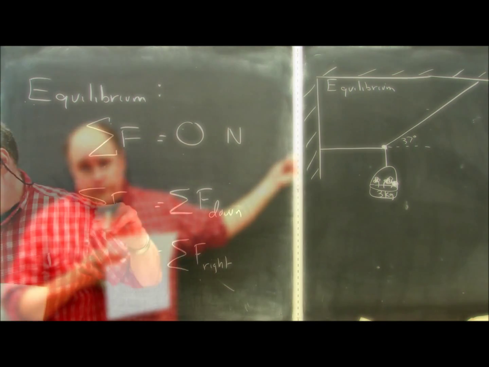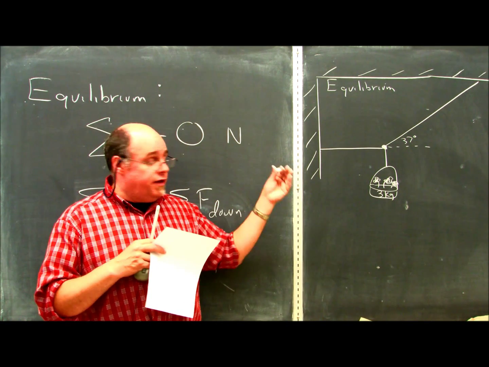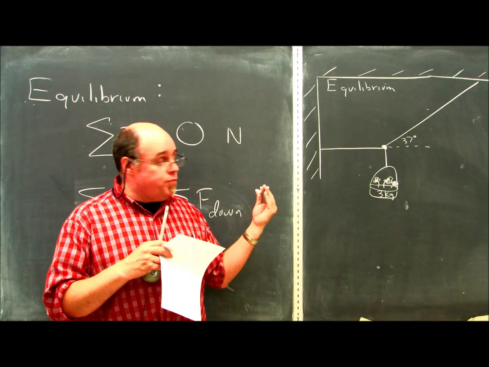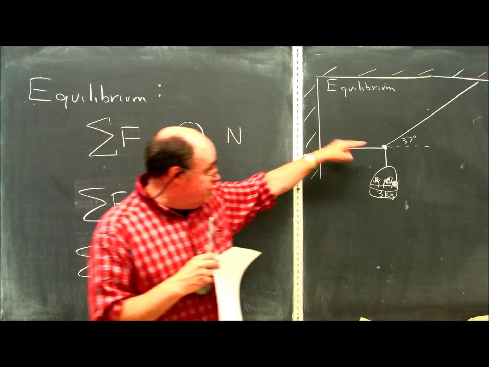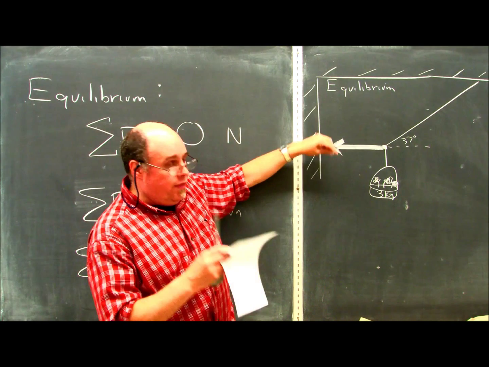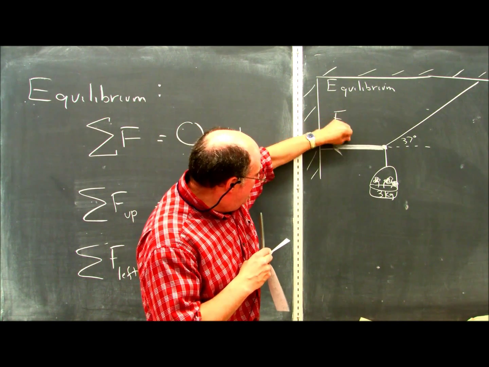So here what I'm showing is a flower basket that has a mass of 3 kilograms, and it's being supported by two different strings, two different ropes. Ropes can pull, they cannot push. So the rope to the left is pulling on this knot going to the left, and I'll call that force of tension 1.